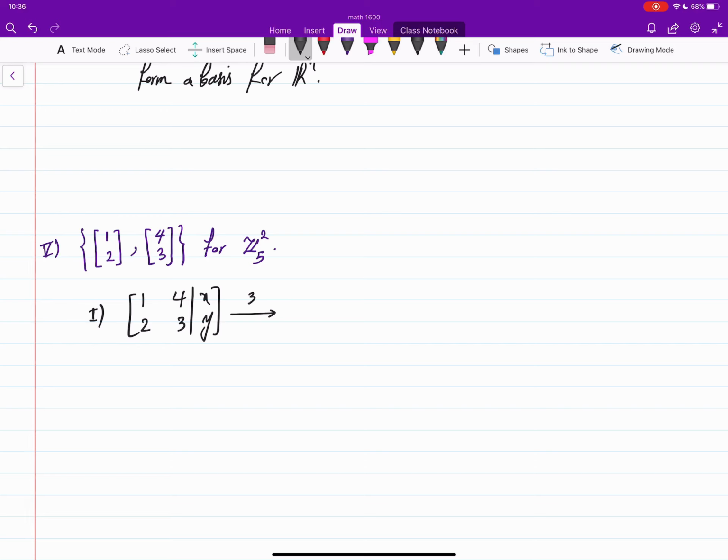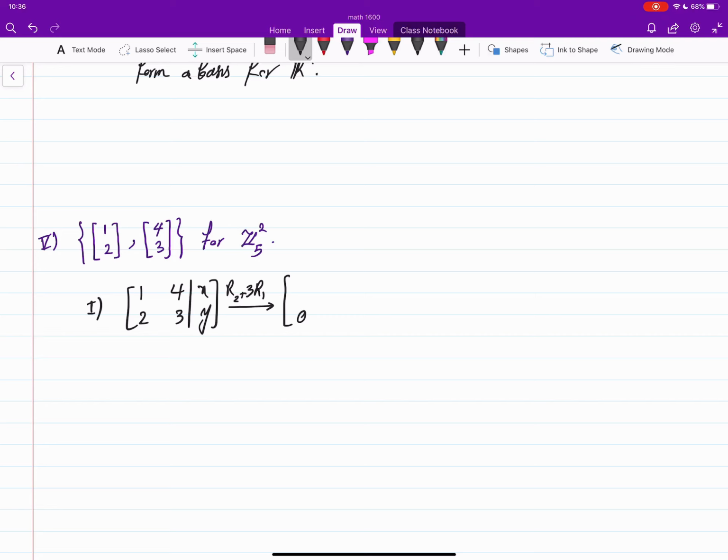So if I do 3 row 1 added to row 2, we will get 0 here. 3 times 4 is 12, plus 3 is 15. 15 in this is 0. And this is y plus 3x. And this is 1, 4x. As you can see, if y plus 3x is non-zero, for example, if x is 0 and y is 1, then we don't have any solution.